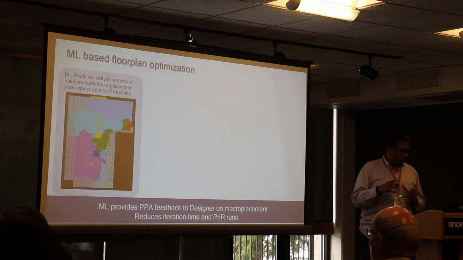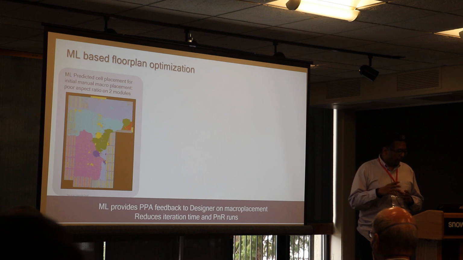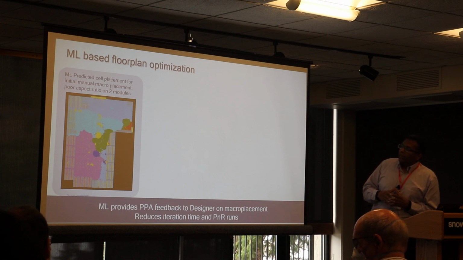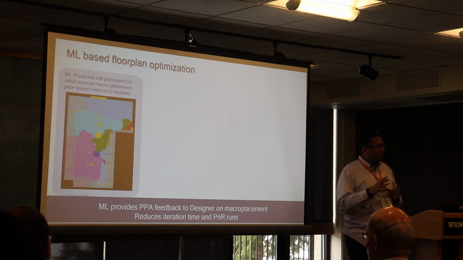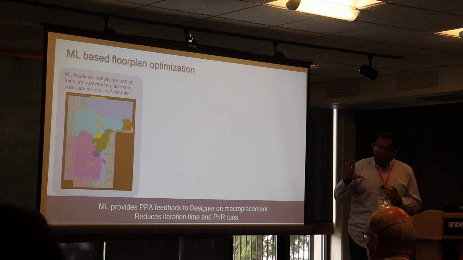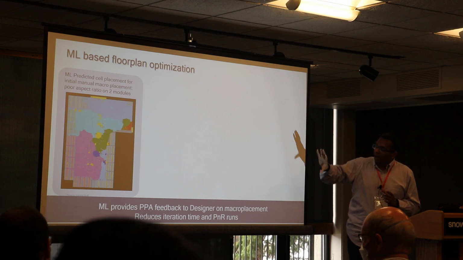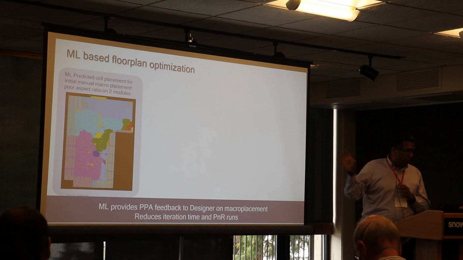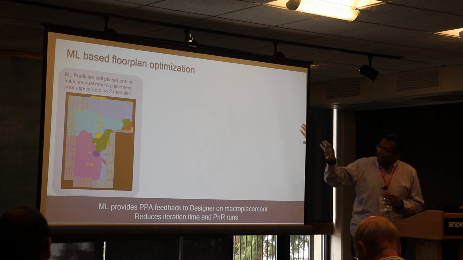This is something we did in one of our projects. This is a very small example, showing the placement of a small hard macro, where it shows the module placement of various blocks.